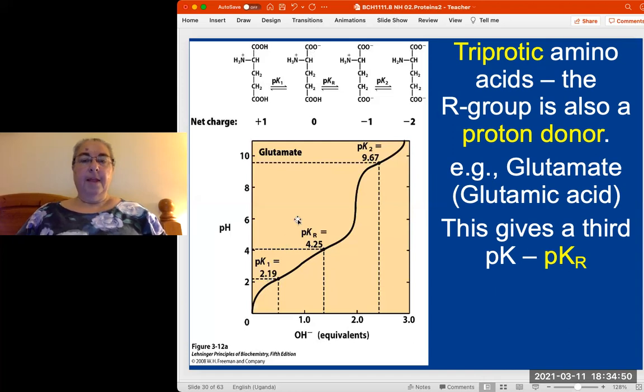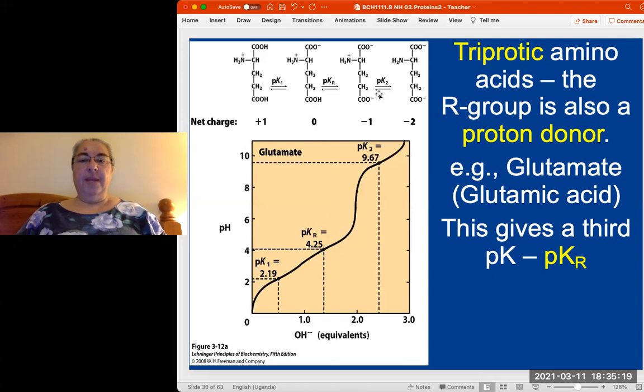2.19. The next proton to be released is the one from the second carboxyl group on the R group. So pKr reflects the release of the proton here, and the charge goes from 0 to -1. And pKr is 4.25. Okay, and that's what's changed the shape of the curve here.